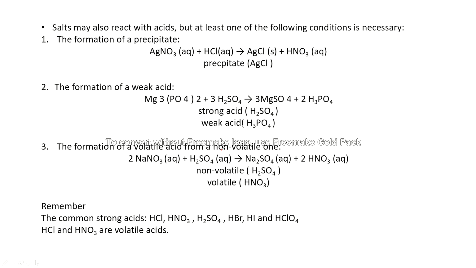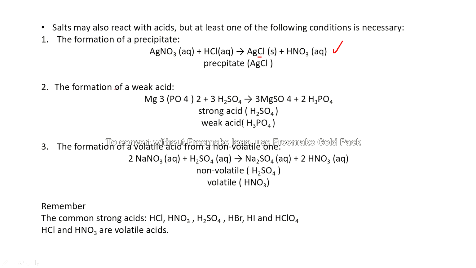Salts may react with acid, but only if certain conditions are present. Condition 1, the formation of a precipitate. If silver nitrate reacts with hydrochloric acid, a precipitate is formed, and the precipitate is silver chloride. So condition fulfilled, reaction occurs.